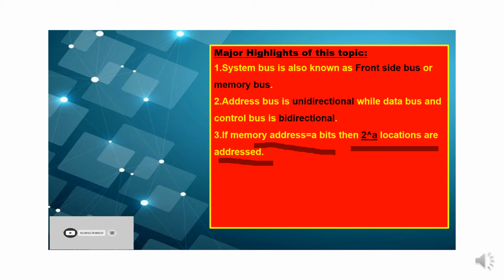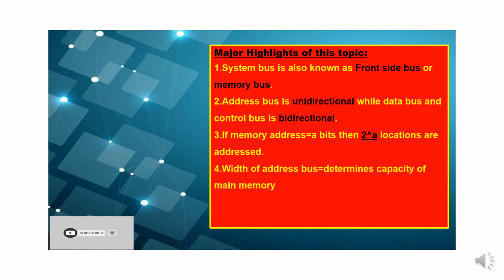Just keep it in mind, this is one of the important points. That is, if A is equal to 2, then 2 raised to 2, that is 4 locations will be addressed. So this is one of the important points, just keep it in mind.